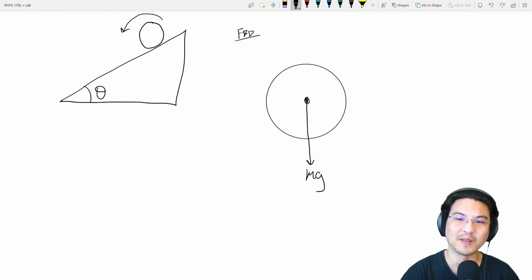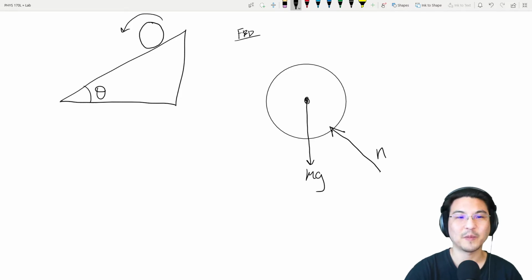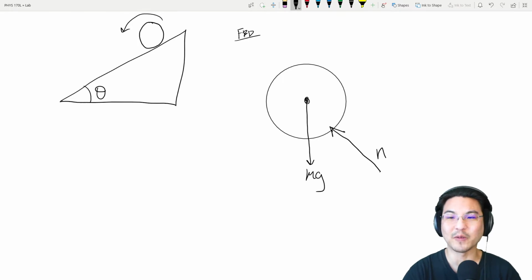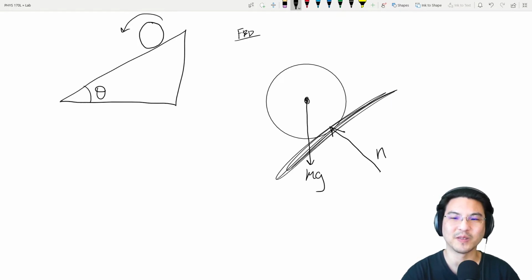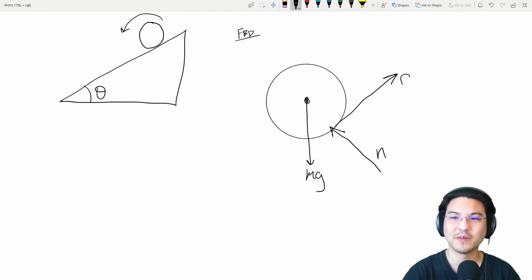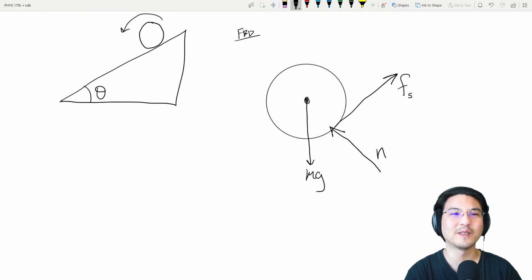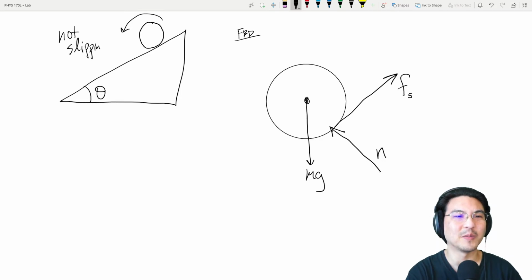If the ramp is here, there's going to be some kind of normal force from the ramp, and then there's friction between your round object and the ramp over here, parallel to that ramp. This is going to be static friction if it's not slipping. We're assuming it's rolling without slipping, so that would be static friction. And that's it. This is our free body diagram.